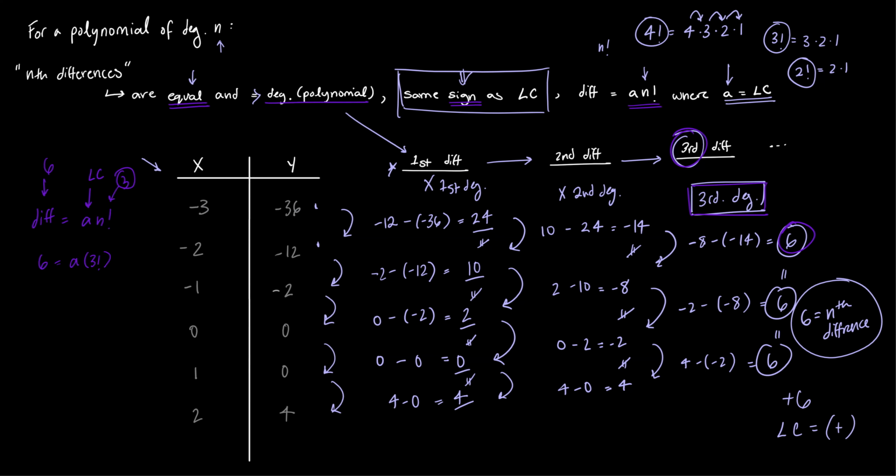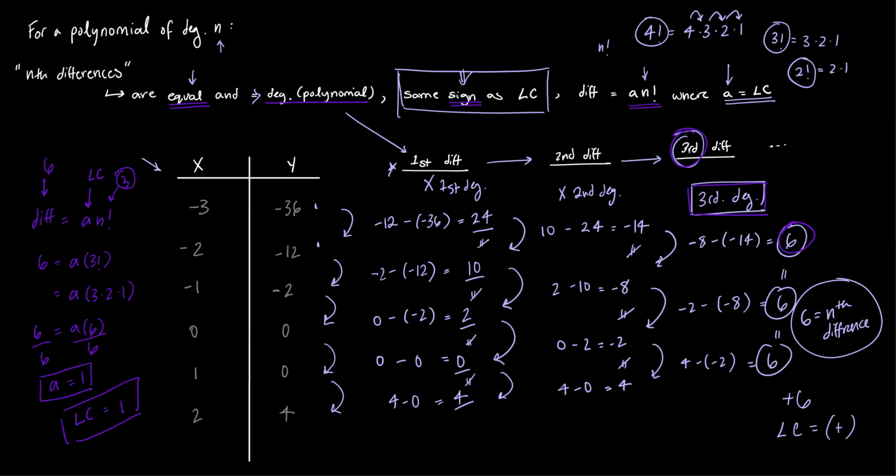Now let's expand that factorial. So 6 is going to equal our leading coefficient times 3 times 2 times 1. All right, so now we know that 6 is equal to a times 6. And if we divide both sides by 6, we get that a equals 1. So we know that our leading coefficient is positive 1.